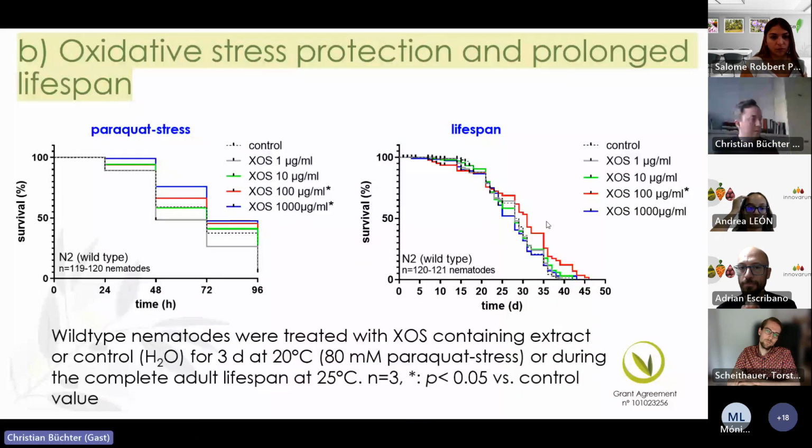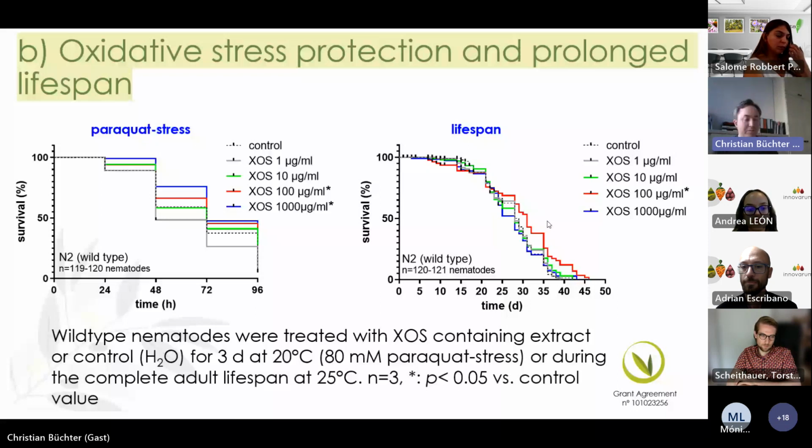Further, in the so-called paraquat experiment, paraquat is a herbicide that generates reactive oxygen species in the cells of the animals, and this leads to the death of the animals over time.